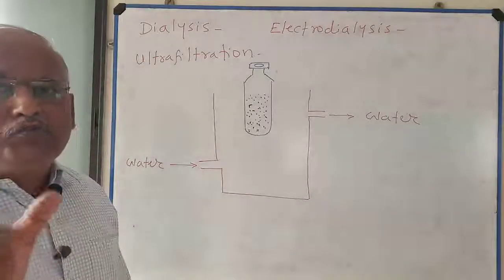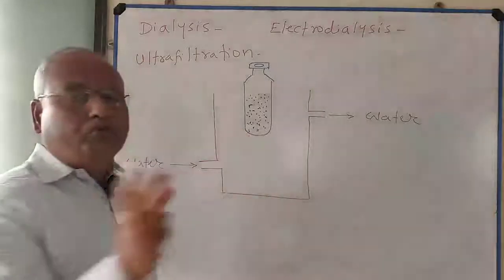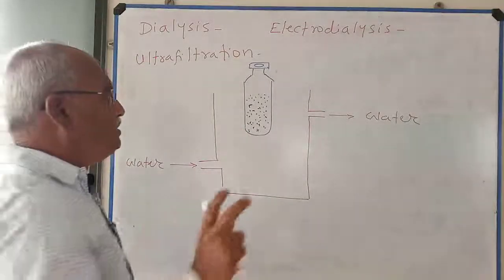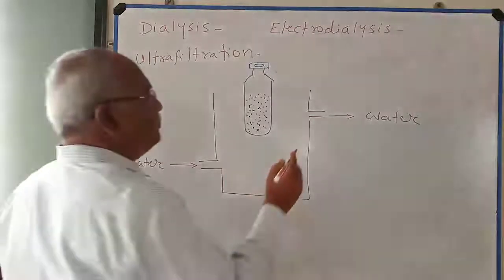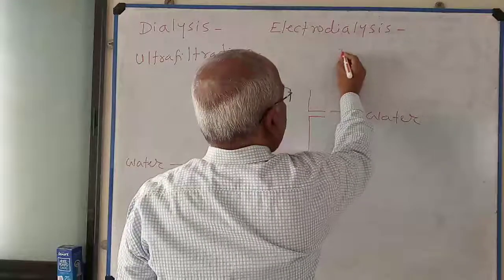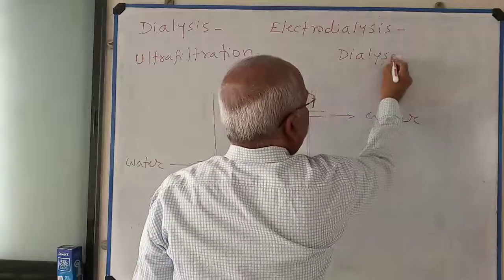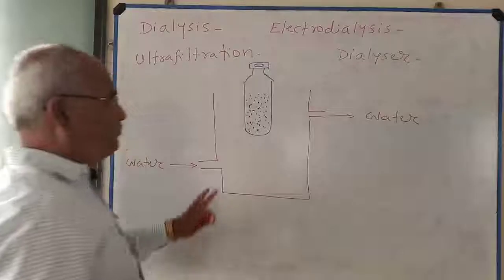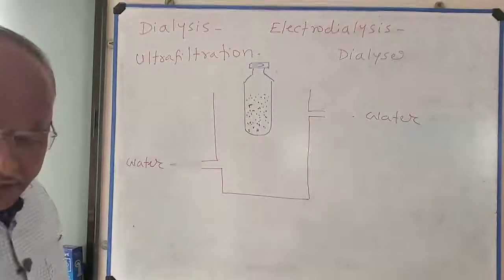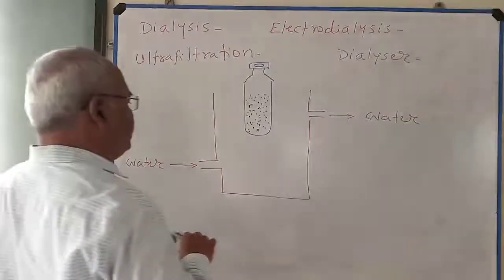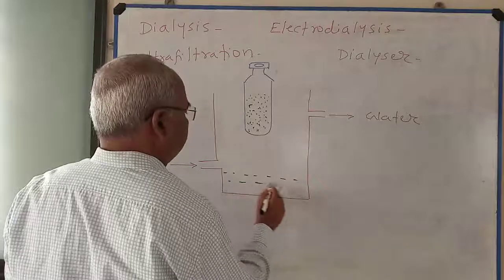The colloidal solution is taken in a bag of suitable membrane and it is suspended in a dialyzer. The apparatus used for dialysis is known as dialyzer. So this is the dialyzer. Water is circulated through this dialyzer.